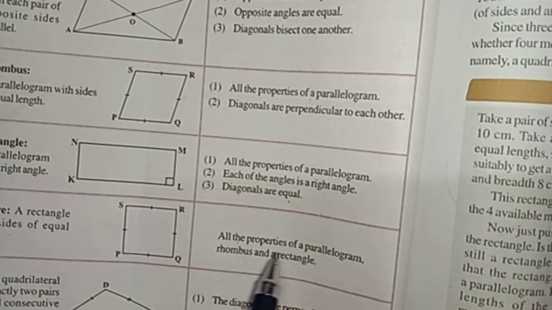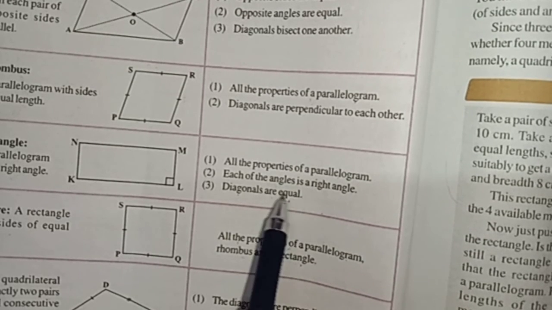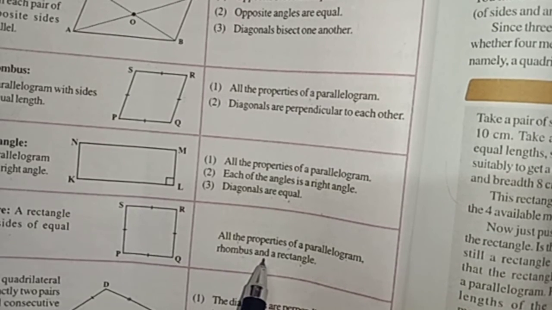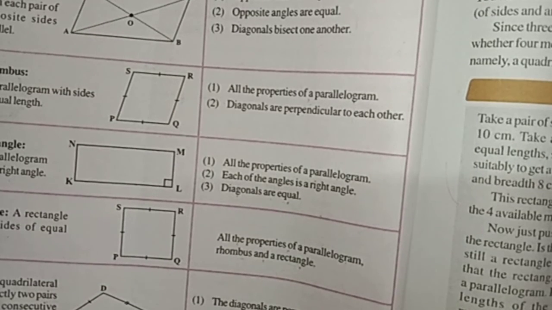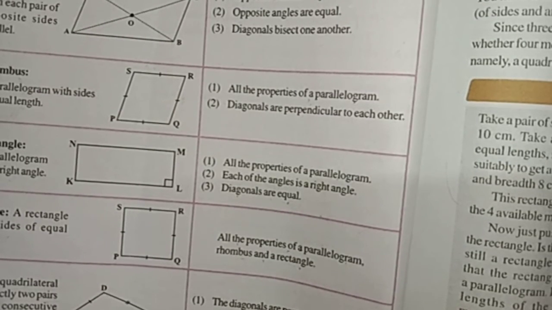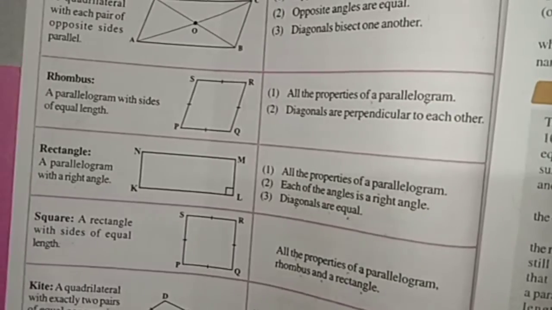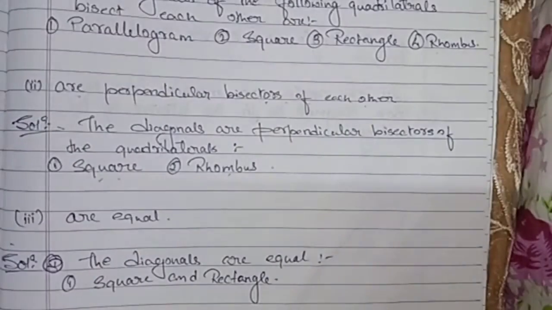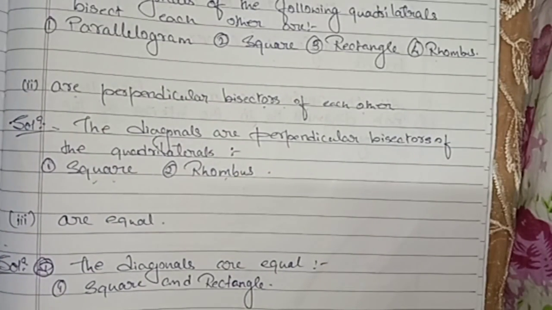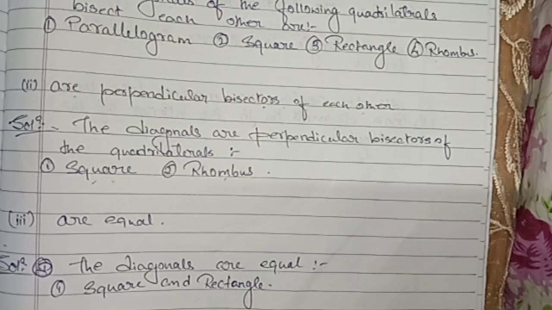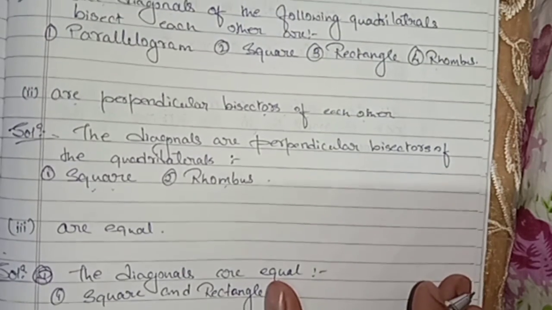Square has all the properties of a parallelogram, rhombus and rectangle, so this will follow in the square also. If we check in a kite, no. So in a rectangle and a square, the diagonals are equal. So the solution: diagonals are equal in a square and a rectangle. So this is the solution to question number 4.